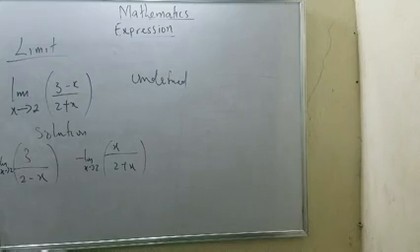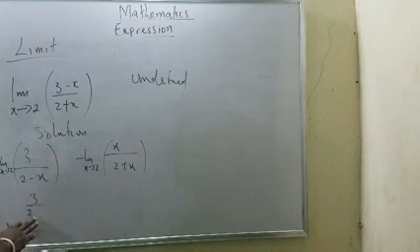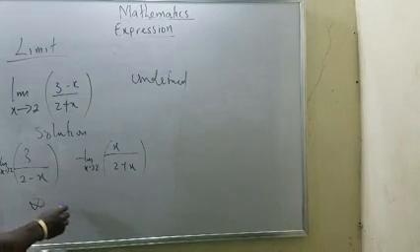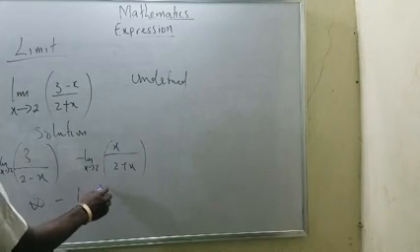But did I need to think about it? No, I don't need to think about it, because like this I'll be better off. I'll get 3 all over 2 minus 2, which is 0, which is undefined, and the limit of this is going to be 2.